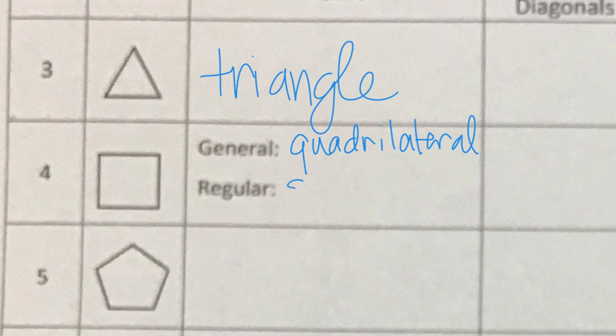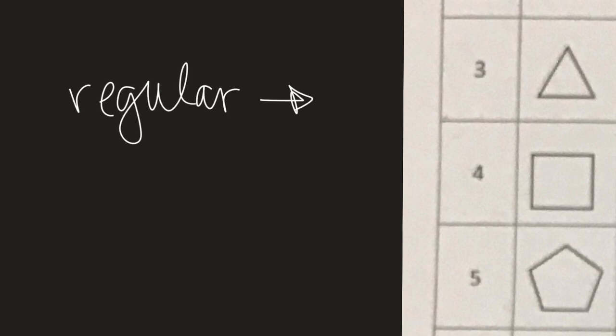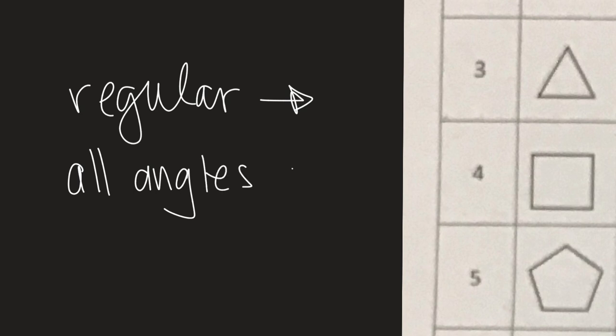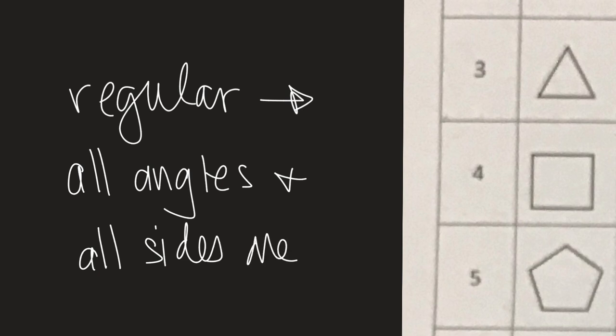And a regular polygon is called a square. Okay, so we have this term called regular. What does it mean to be regular? Normal. Normal is not regular. So a regular polygon is one that is the most perfect polygon, meaning all angles and all sides are equal, or are congruent.